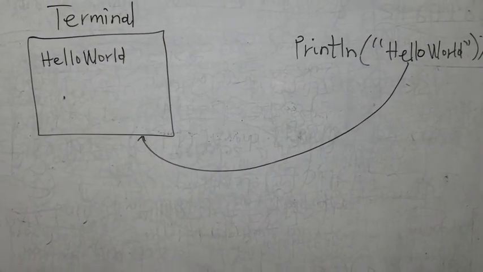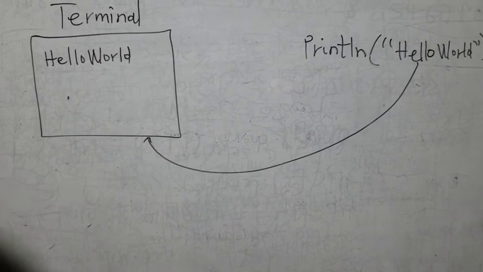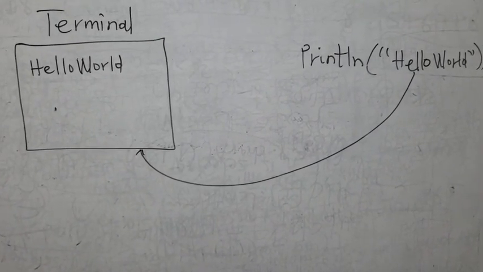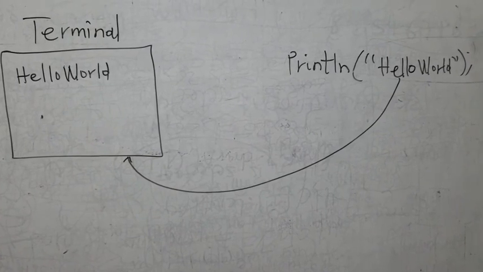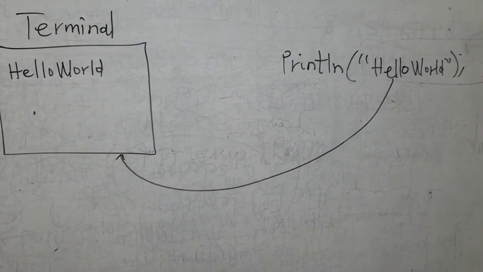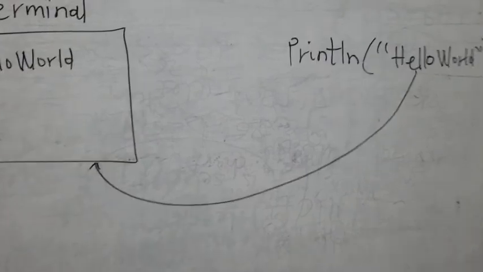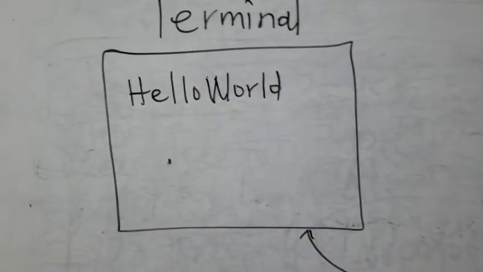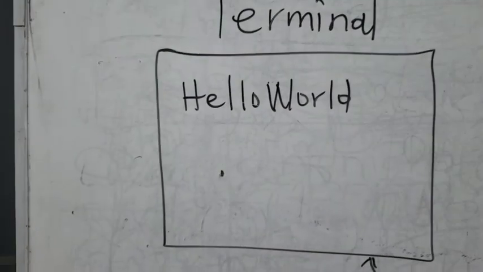As you can see, we also have another example that tries to explain the function of println. The function of println is to transfer everything that you put into the brackets right here to the terminal where it is displayed. As simple as that.